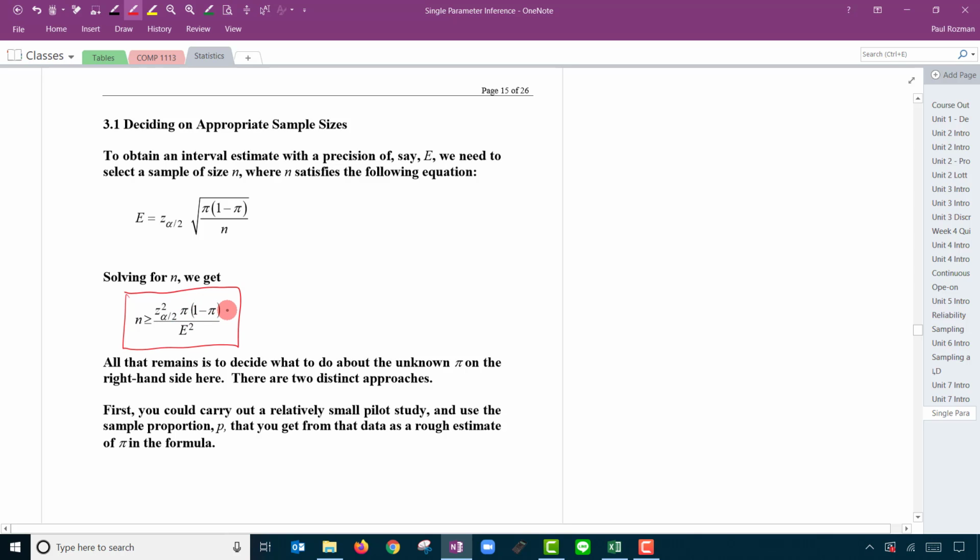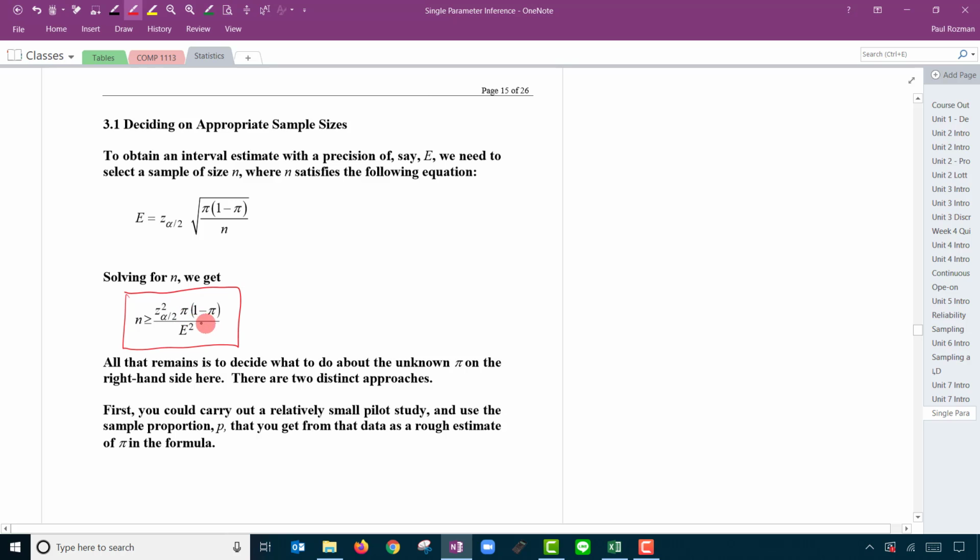So we're going to have to come up with some way to deal with that. Remember when we were talking about the mean, we would just make up a number for the standard deviation in that formula, and make sure we erred on the high side, or we'd take a little pilot study and hope that standard deviation erred on the high side and gave us a large enough n.